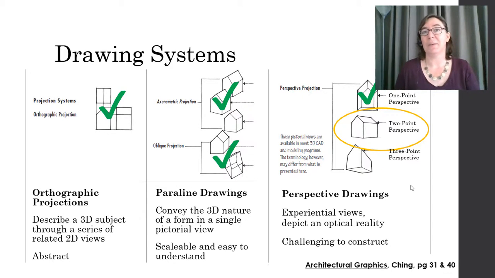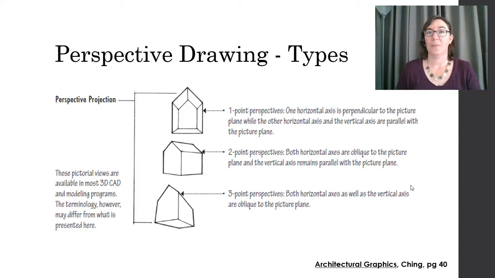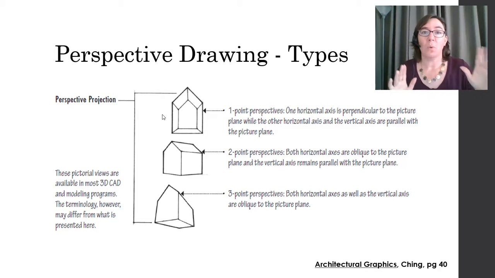Therefore, they depict the optical reality. There are three common types of perspective projection: 1, 2, and 3-point, and it has to do with the technical way that we construct these drawings. What does this really mean?